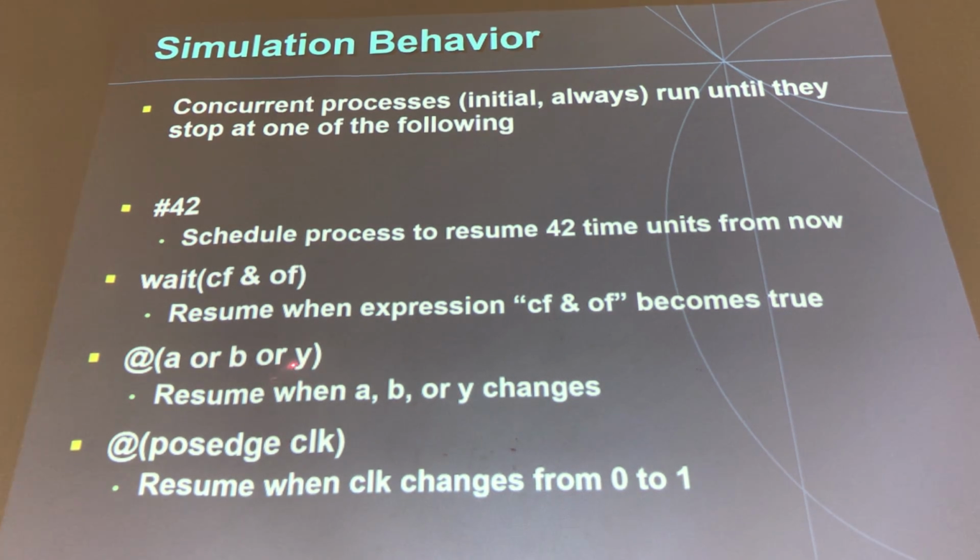If any changes, then we do the following. For the posedge clock, when clock rises, meaning from 0 to 1, then we do the following. Otherwise, you stay right there. So when you start, you don't do simulation. You only do the event.